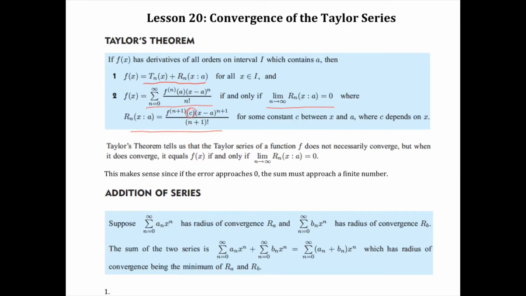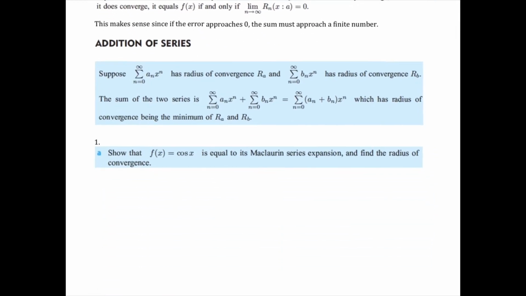Addition of series. Suppose the sum of a_n x^n has a radius of convergence R_A, so between certain x values in R, it converges. And the sum of b_n x^n has a radius of convergence of R_B.